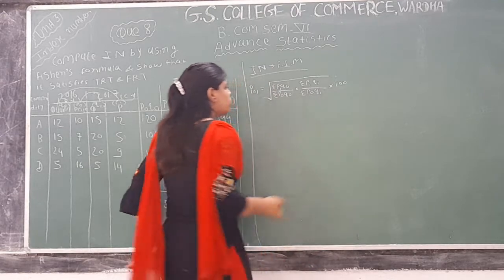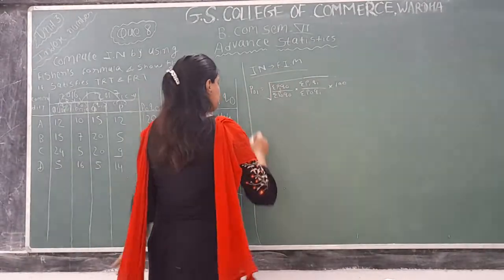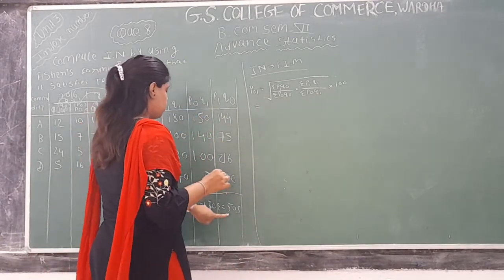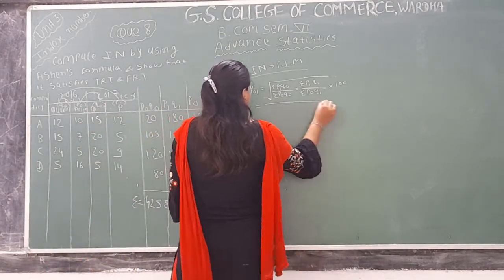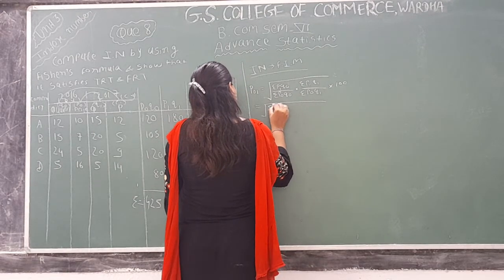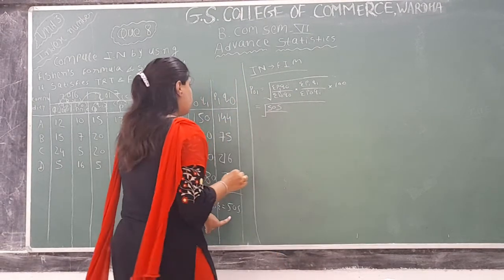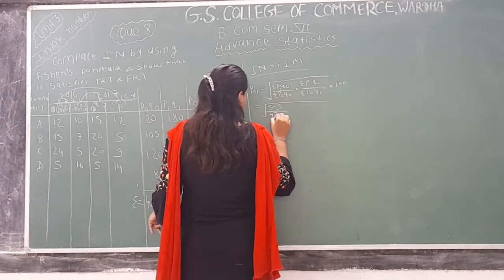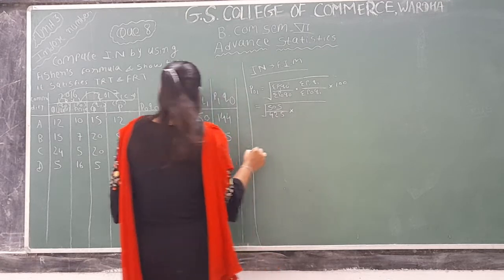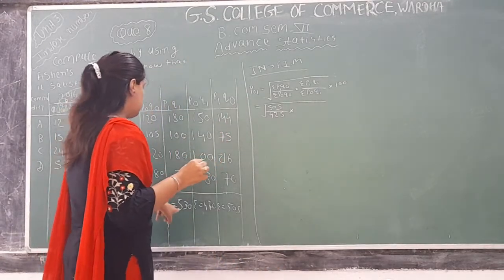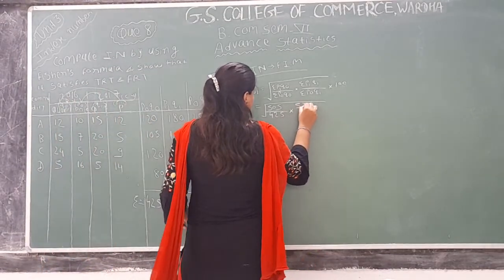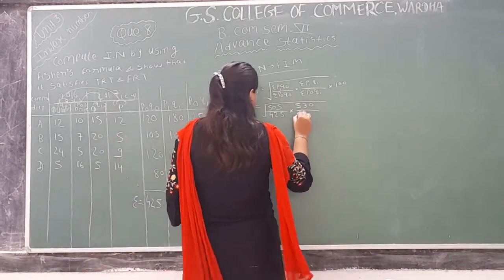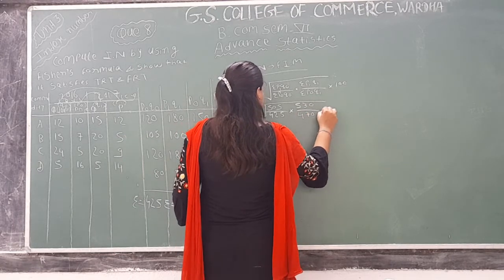This 100 is going to be outside of the square root. So what is the value of ΣP1Q0? It's 505. What is the value of ΣP0Q0? It is 425. What is the value of ΣP1Q1? 530. And what's the value of ΣP0Q1? It is 470, into 100.